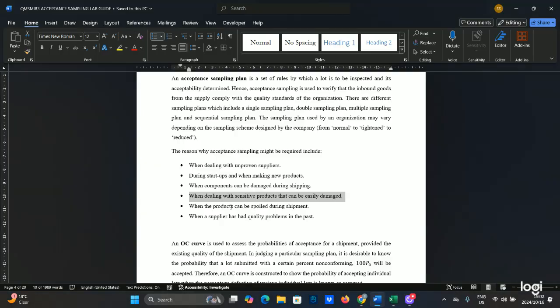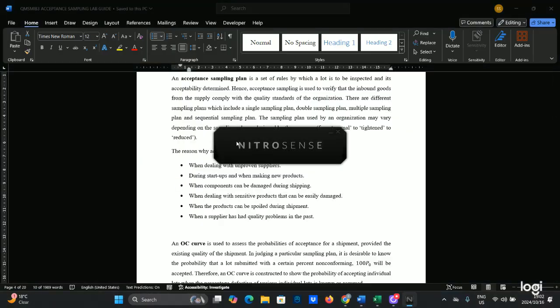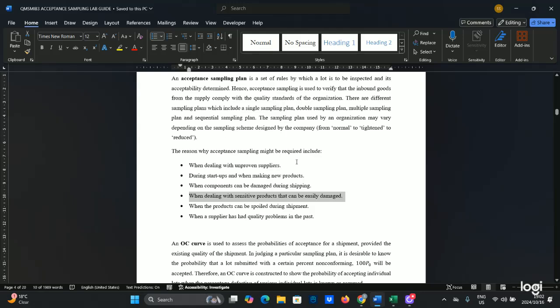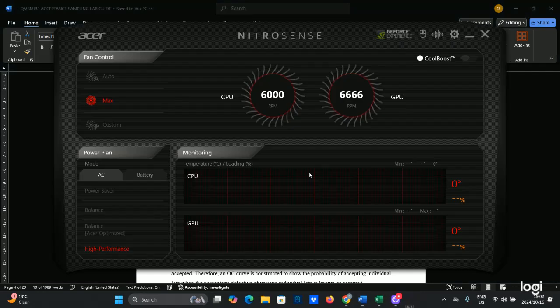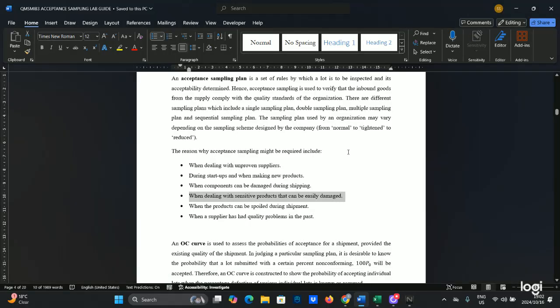One other thing: acceptance sampling can also be used within a company, if a company wants to ensure that they are not producing defective products. Let's say they want to inspect their process; they can also apply acceptance sampling to do that.